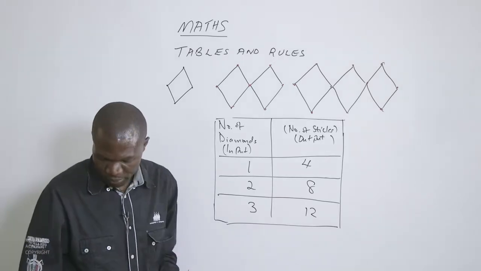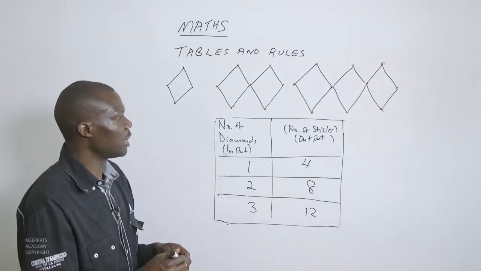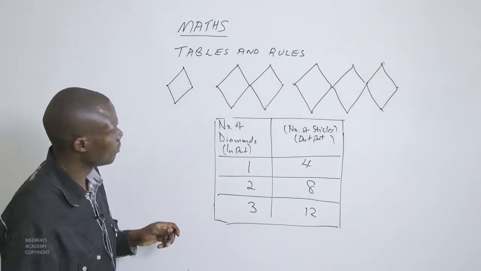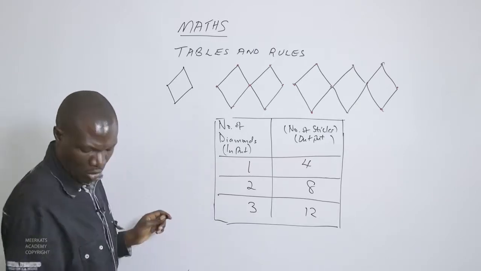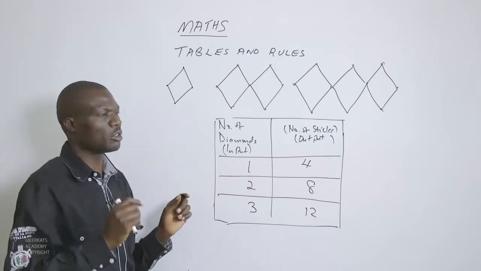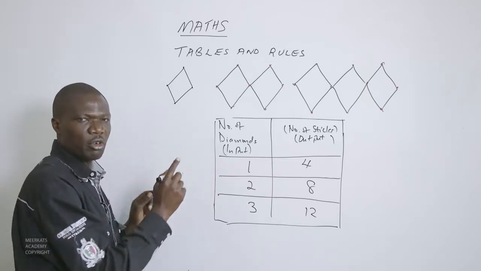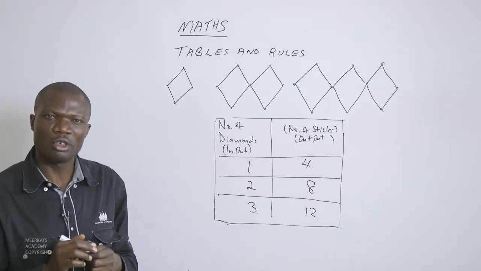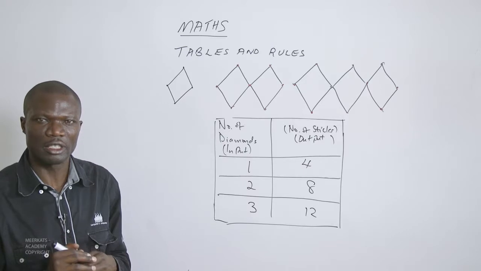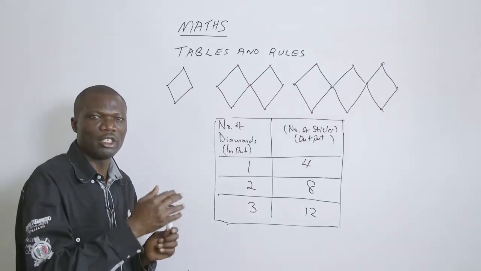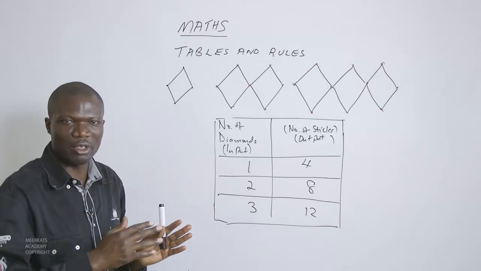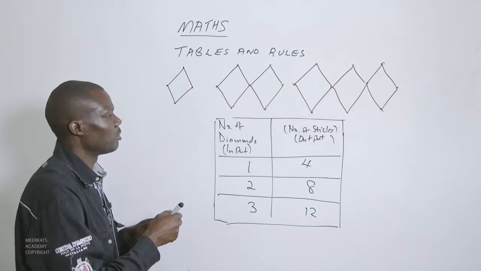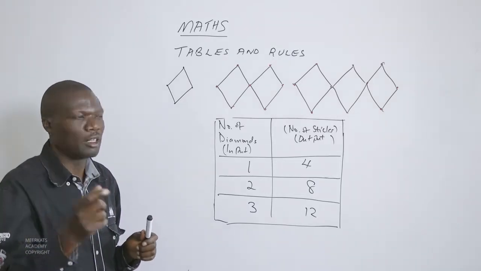We consider that the diamond is our input, while our output is the number of sticks, because we are looking for the total number of sticks making up these diamonds.